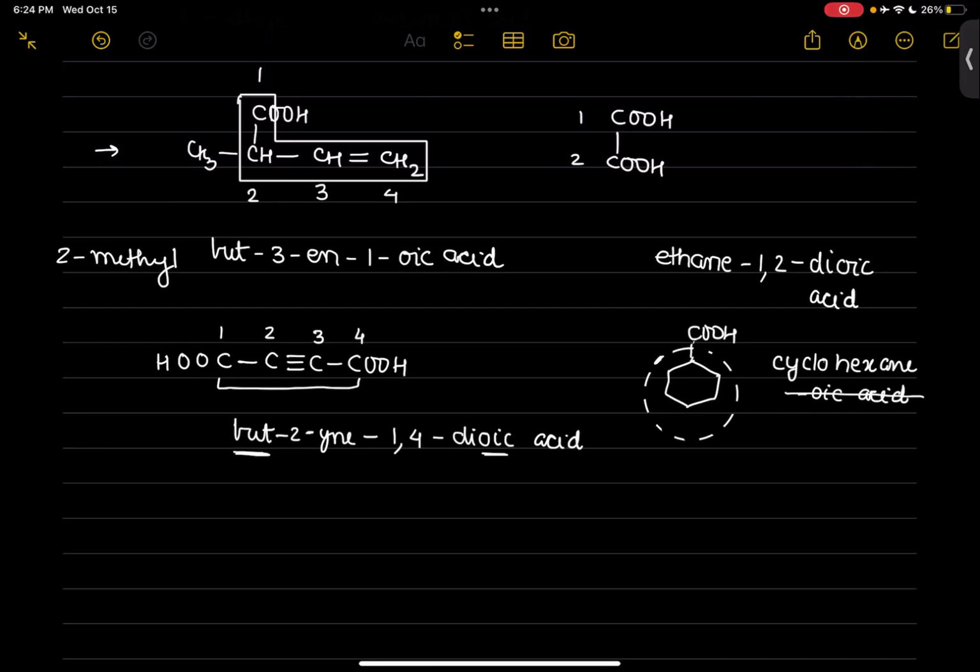So we include a special suffix in the cyclic compound, that is carboxylic acid: cyclohexane carboxylic acid, including that COOH. This is the special suffix used when the functional group is directly linked to the cyclic chain. Got it?